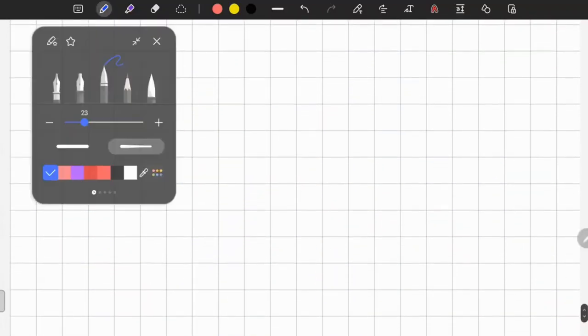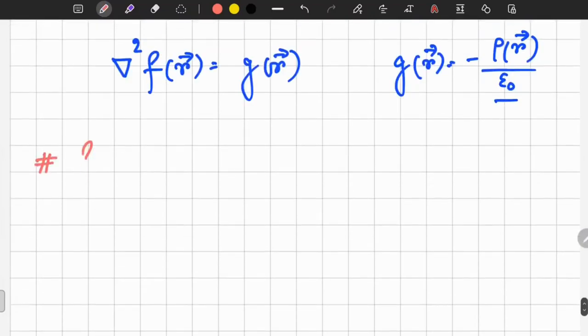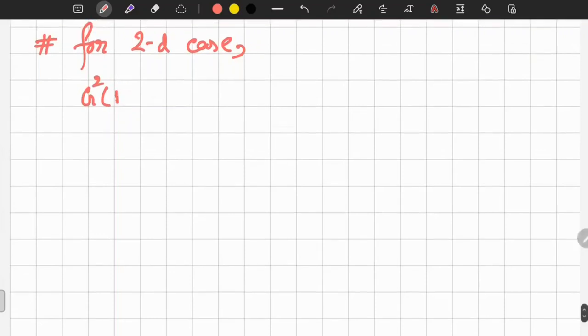Let me write down the result for the 2D case. G2 of small r is 1 by 2 pi log of r.